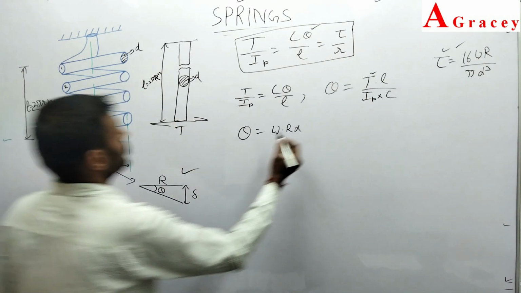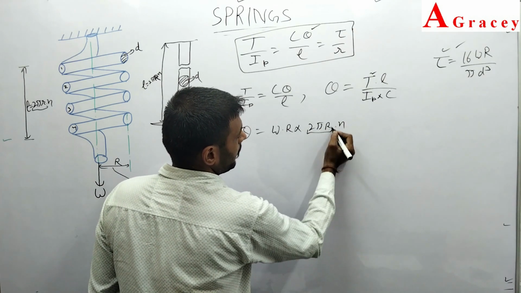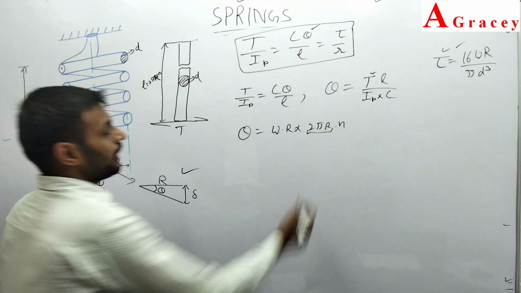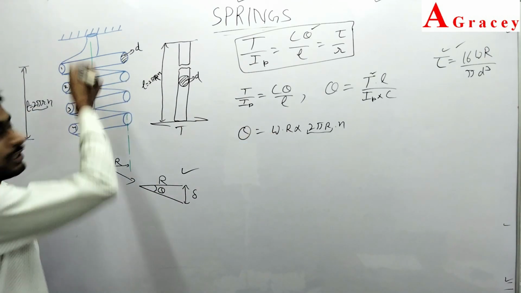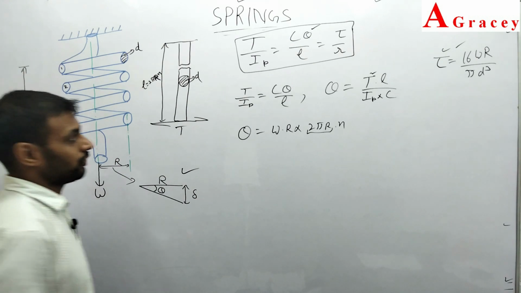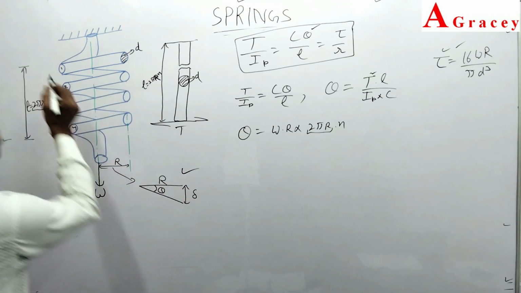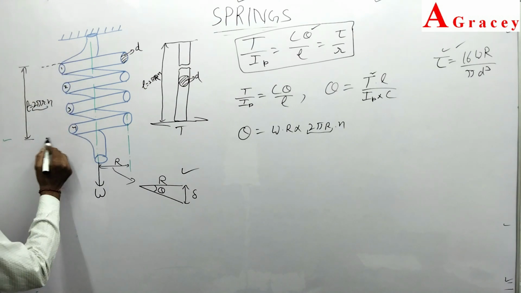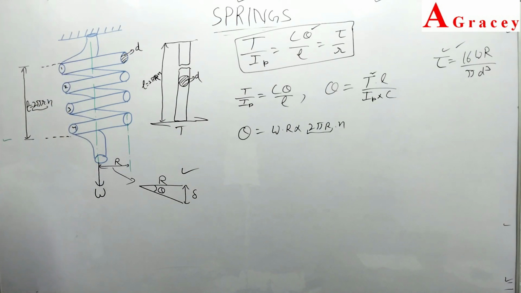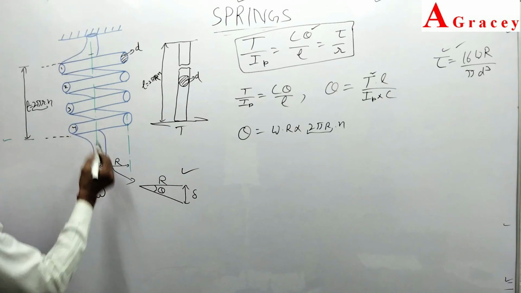It means L is equal to 2πRN, where 2πR is the circumference of the circle, and N is the active number of turns in the spring. Sorry, it's not the number of turns, this is the active number of turns. These are the active turns, and this portion is the inactive turns.